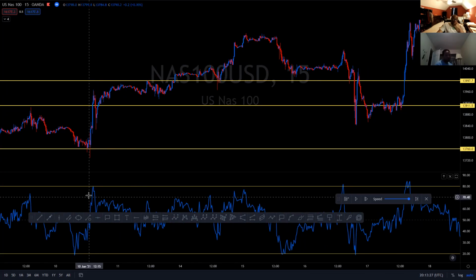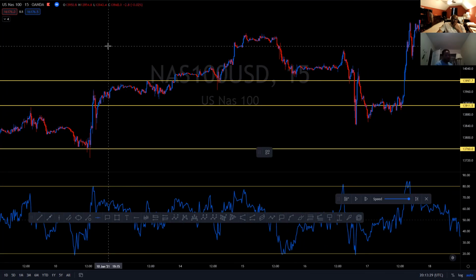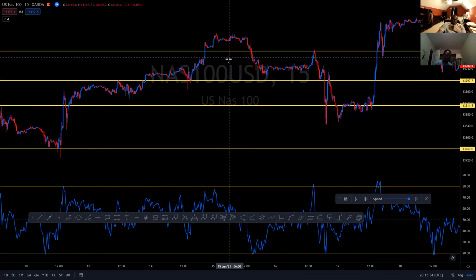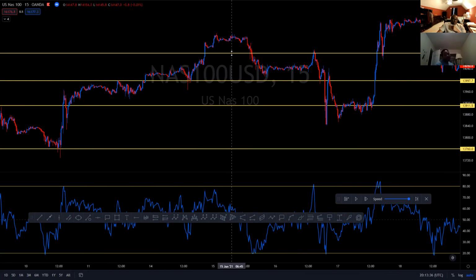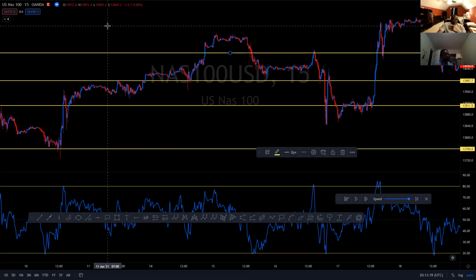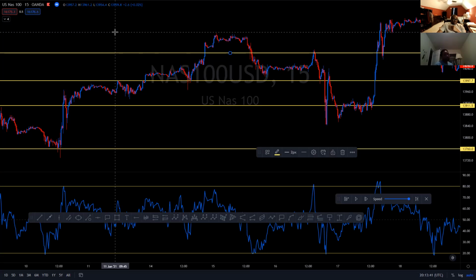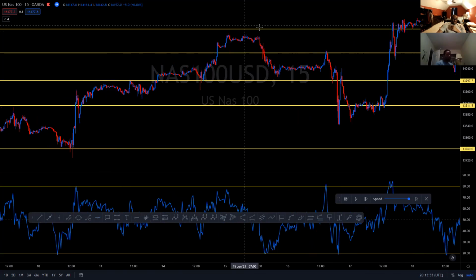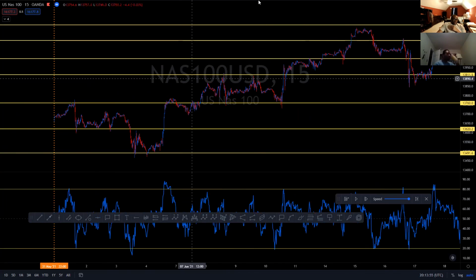Okay. So marking up basic market structure here. Yeah, this is a good one. Because I could do it like this. And once I do that, that's when I draw my supply and demand zones.